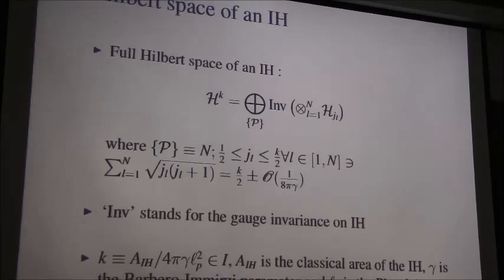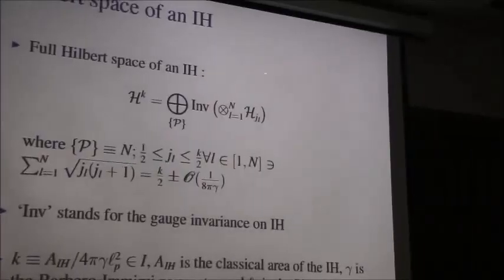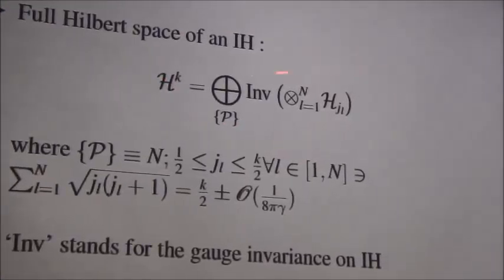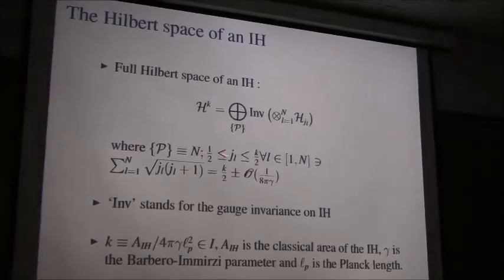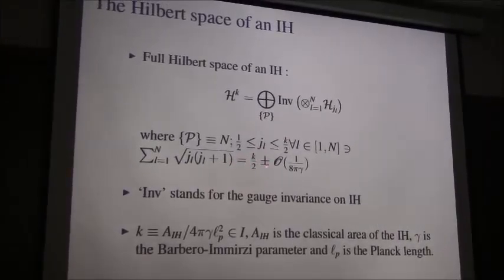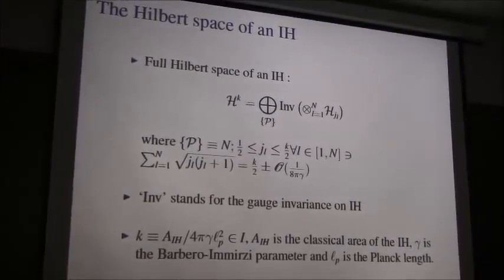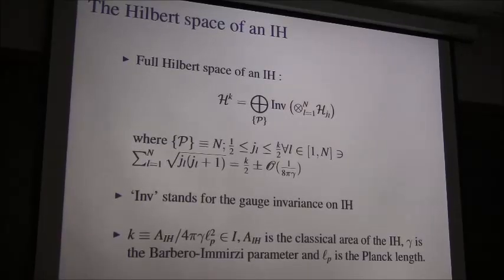Now, this is what the isolated horizon Hilbert space looks like. The crucial point is that here there is a sum over all possible numbers of punctures, this set P which I have written here, and the physical states considered in this Hilbert space are such that the total quantum area is within order l_P squared of the classical area of the isolated horizon.